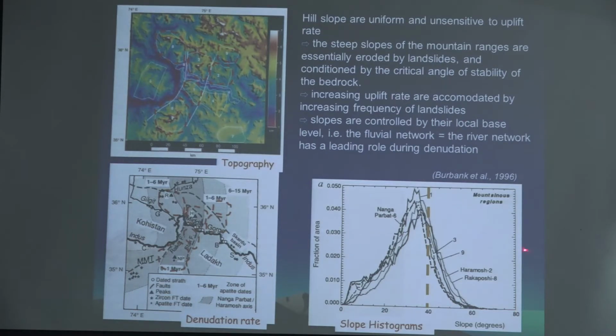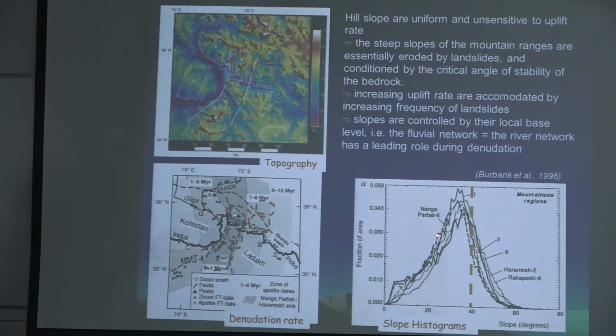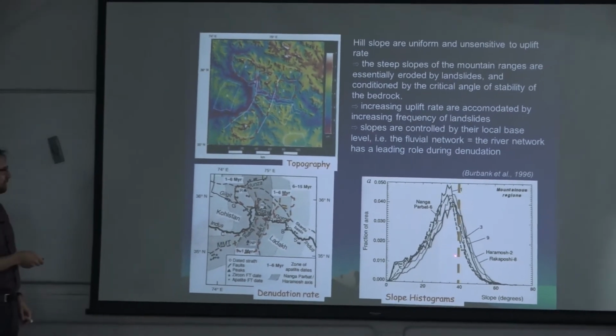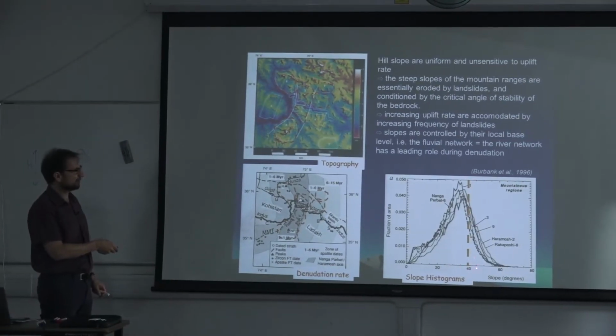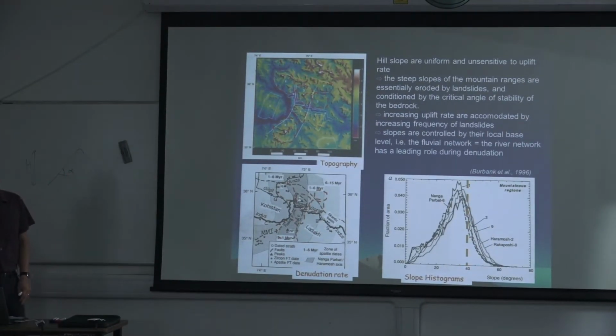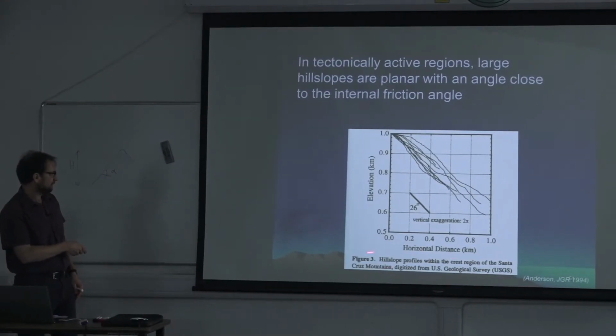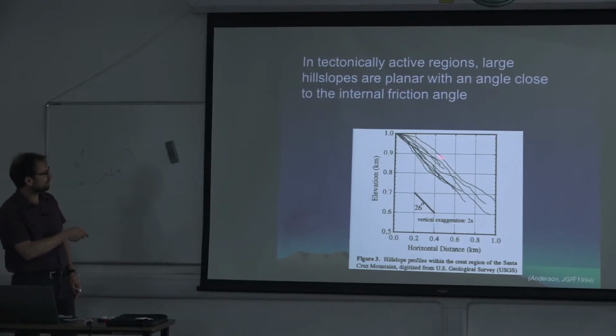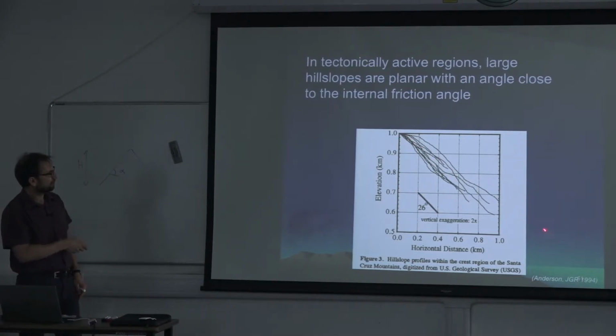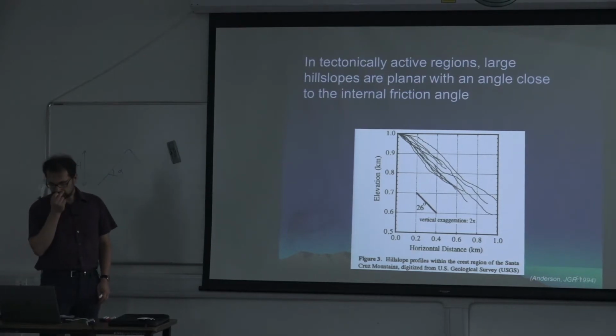And the interpretation is that all these regions are dominated by hill slope processes, by landslide processes, and because landslide processes are governed by the friction angle, then whatever the denudation rate, whatever the uplift rate, the slope is governed by this limiting friction angle. Another place, in the Santa Cruz Mountains in California, again, the expression is planar hill slopes governed by the friction angle.